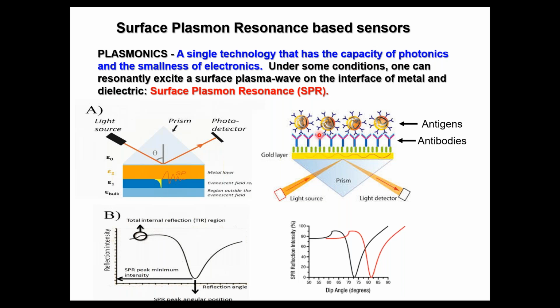Another important class of sensor is based on surface plasmon resonance. Surface plasmons are the collective oscillations of electrons. When excited with light under certain specific conditions, we can excite this surface plasma wave to oscillate at the interface between the metal and a dielectric.